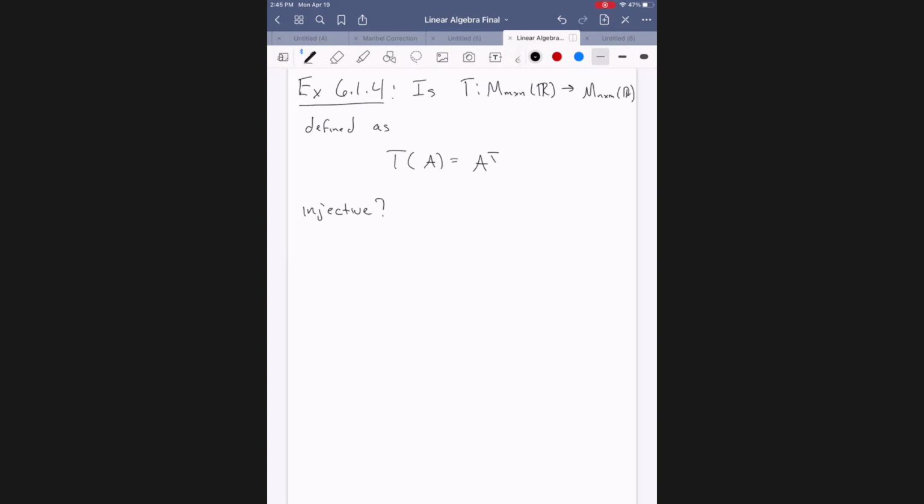Okay, so what do you guys think? Is it injective? Yeah, why is it injective? If it's equal to 0, and then he says something about the kernel? Yeah, exactly.